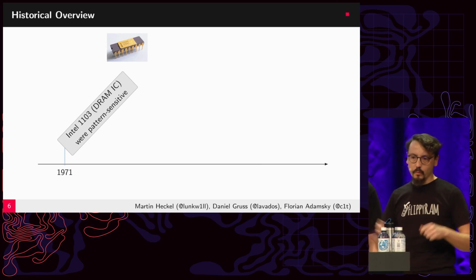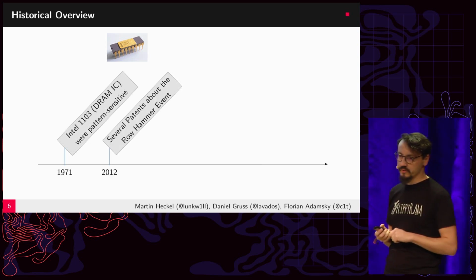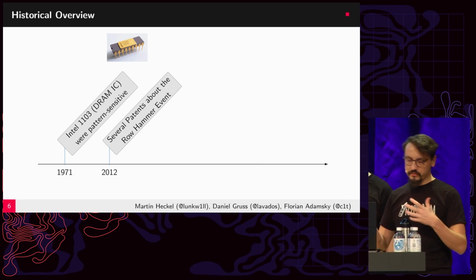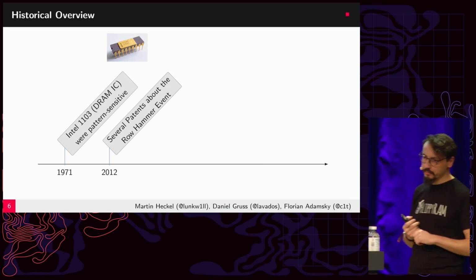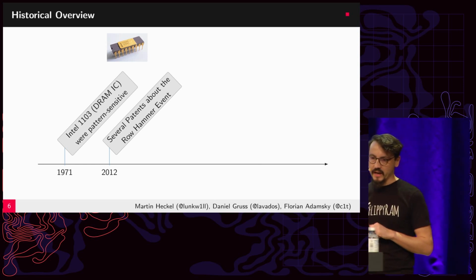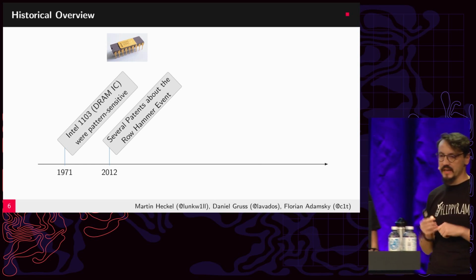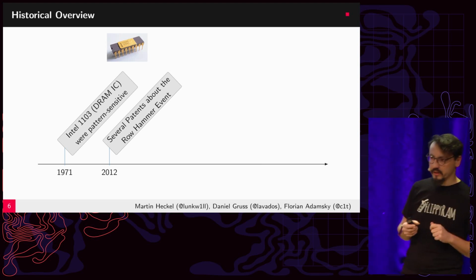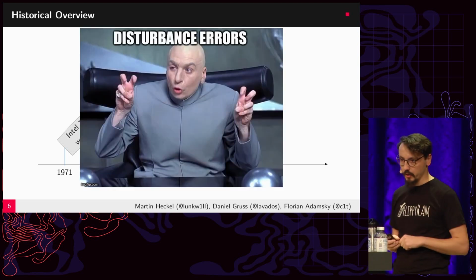But it took quite a while. From 2012, the industry that creates DRAM chips issued several patents, and there's the name Rowhammer event integrated. And this Rowhammer event is a disturbance error.